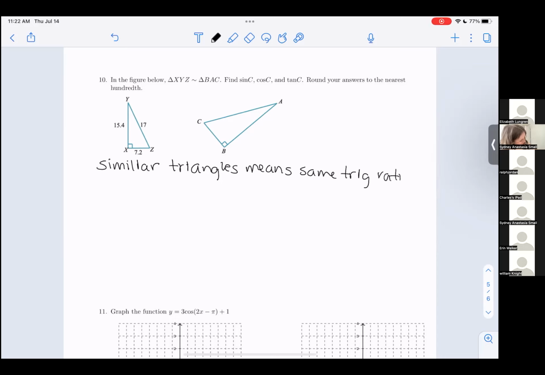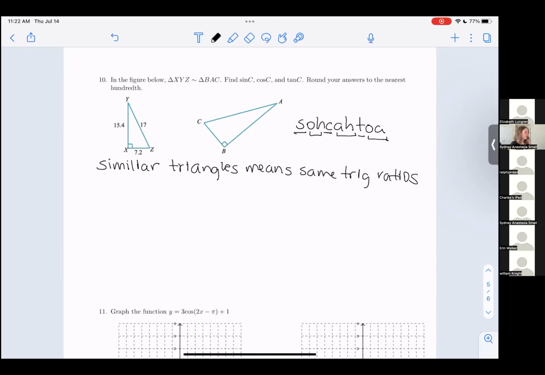Because if you think about it, sine, cosine, and tangent, the little cheat we use to determine those values is the acronym SOHCAHTOA, where sine is the opposite over the hypotenuse, the cosine is the adjacent over the hypotenuse, and the tangent is the opposite over the adjacent.